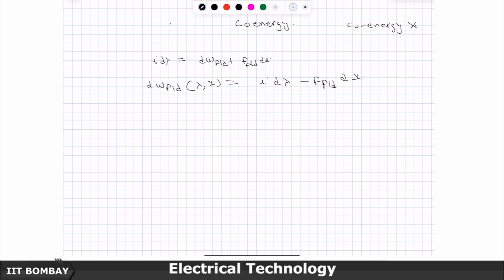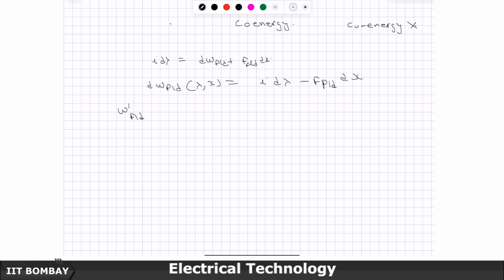Now, let us define co-energy as I times lambda. I will use dash as a notation for co-energy, W dash FLD.